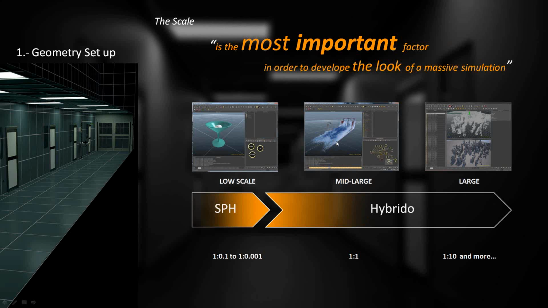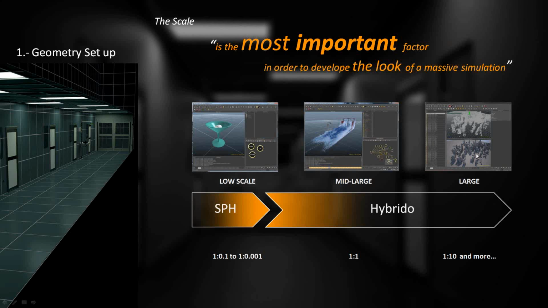By one-to-one, I mean about 3 meters approximately here, from side to side, is going to be the same 3 meters that we will have in the RealFlow space, because otherwise, as I told you before, we will get a simulation which doesn't look like a large scale.